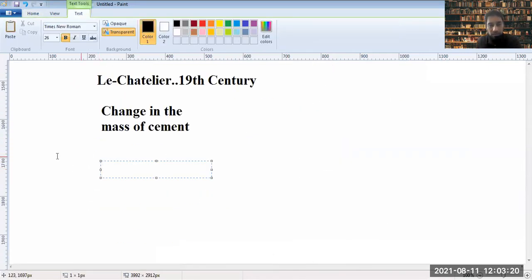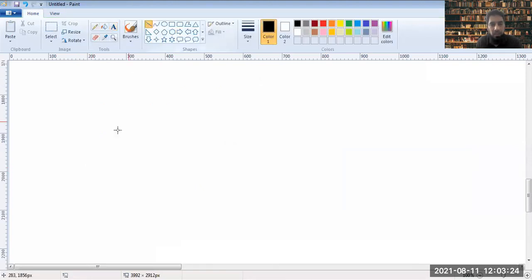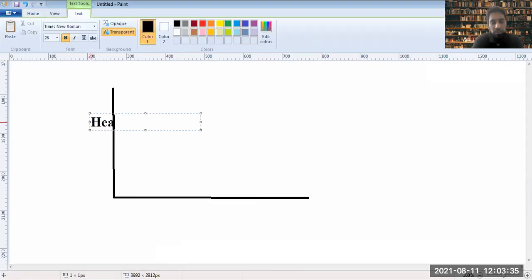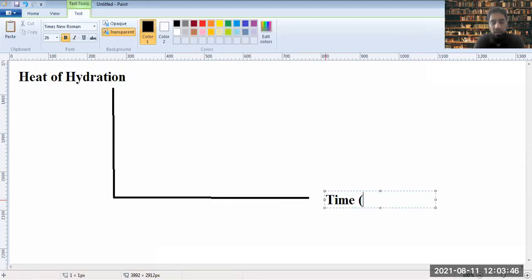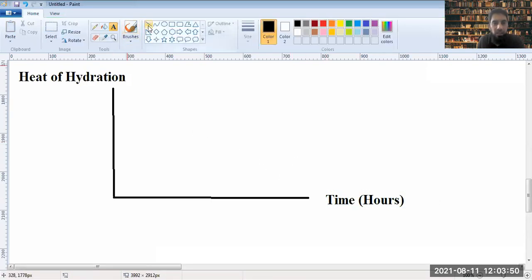Now, coming to the heat of hydration. If you draw a graph between the heat that is generated, the heat of hydration, and time in hours, we'll get a graph something like this.